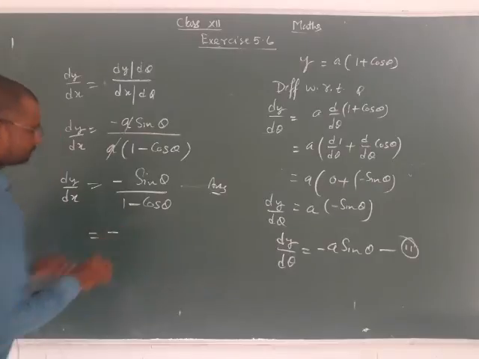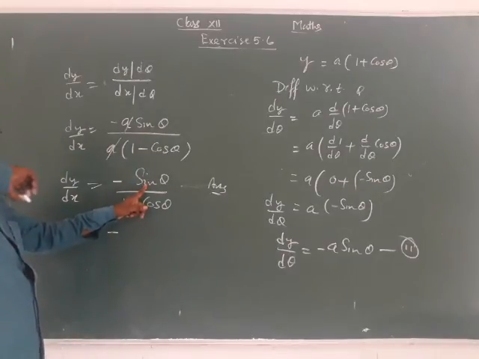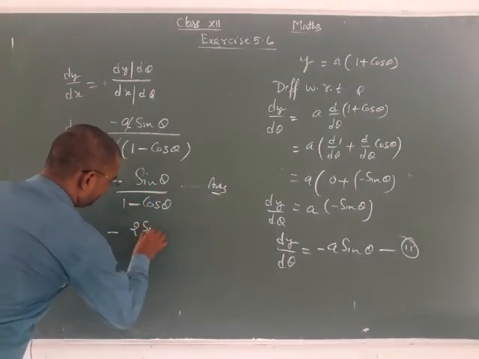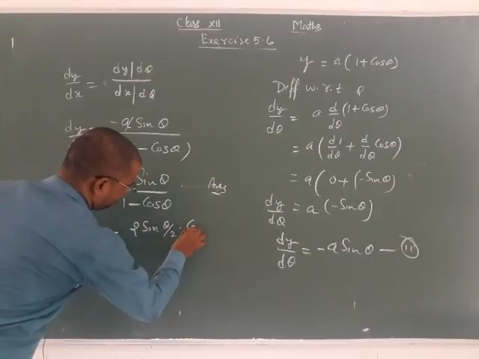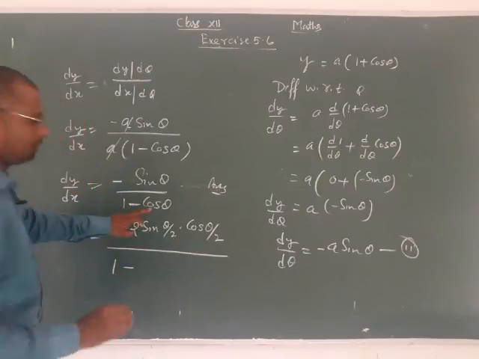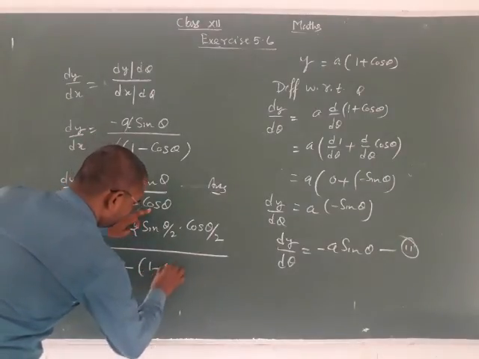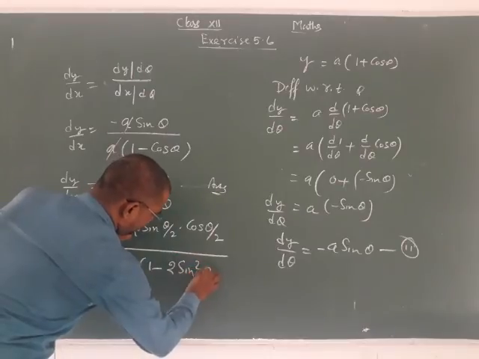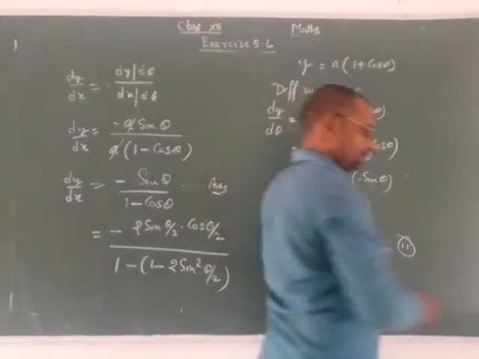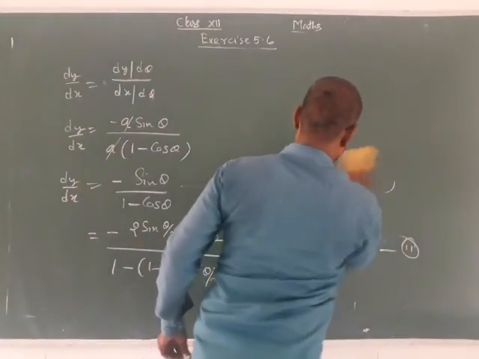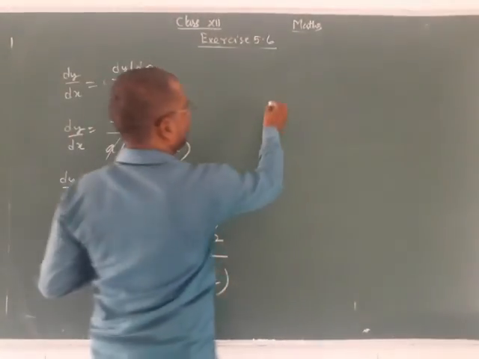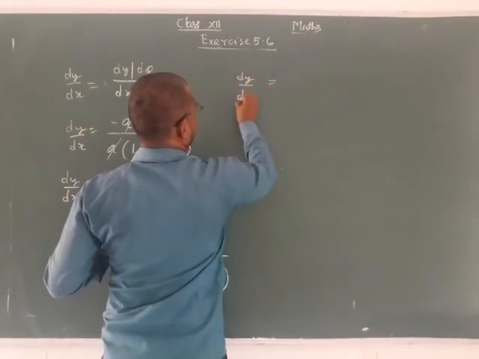So now, identity from class 11th: sin theta is 2 sin theta by 2 into cos theta by 2, and also 1 minus cos theta identity is 2 sin square theta by 2. So now change, minus dy upon dx.